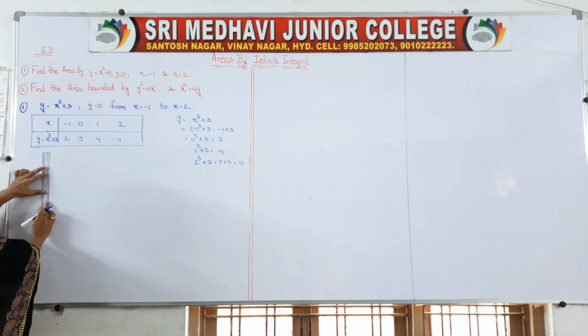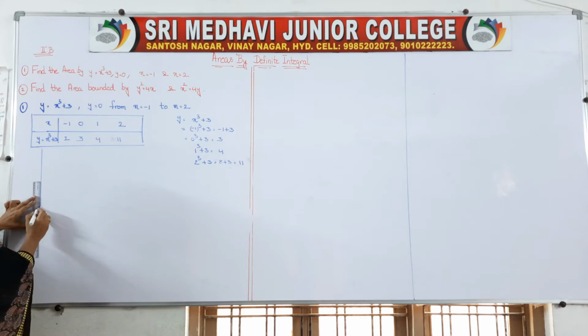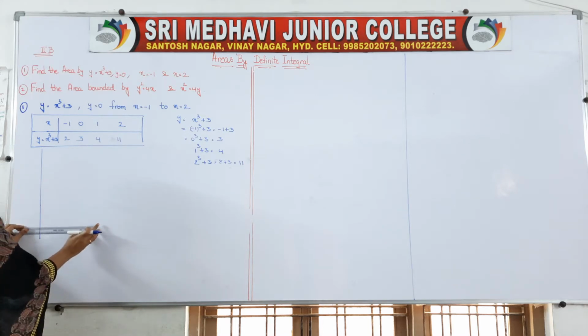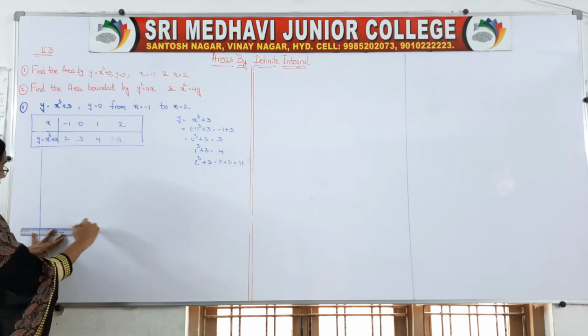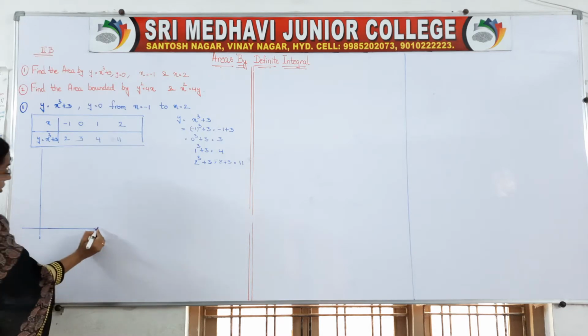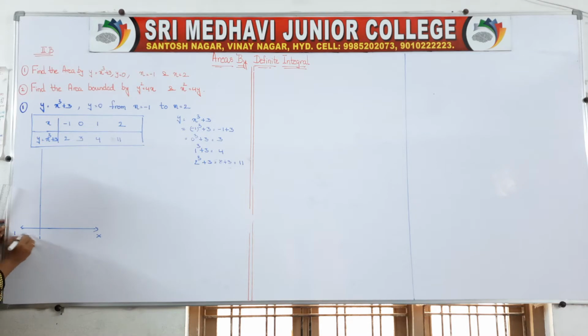Okay, so the y-axis should be a little bit bigger. Why? Till 11 is given to us, and on the x-axis minus 1 is also given, so on the left side also we have to take the values. So this is your x dash, this is the origin, this is your minus 1.